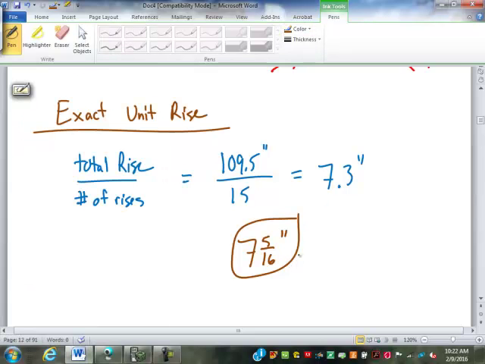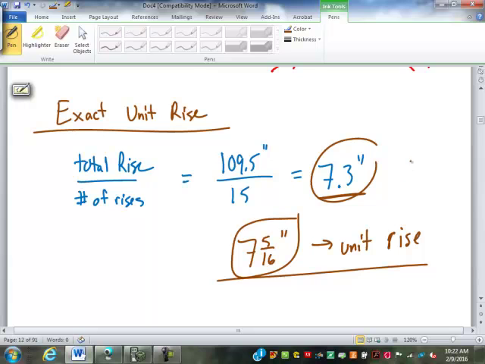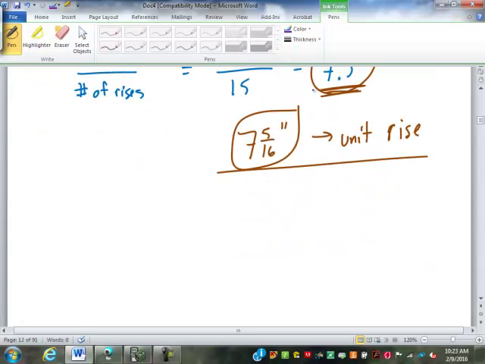So anyway, that is our unit rise. That's our exact unit rise for this staircase. Now I'm going to keep this 7.3 inches because we are going to use that for our calculations later on here. Unit run. Good question.